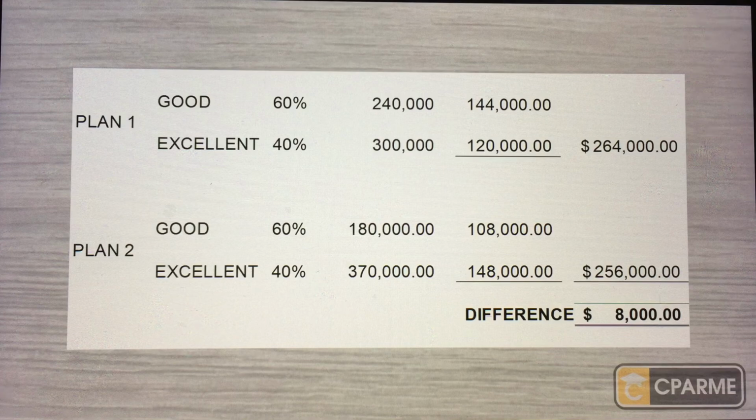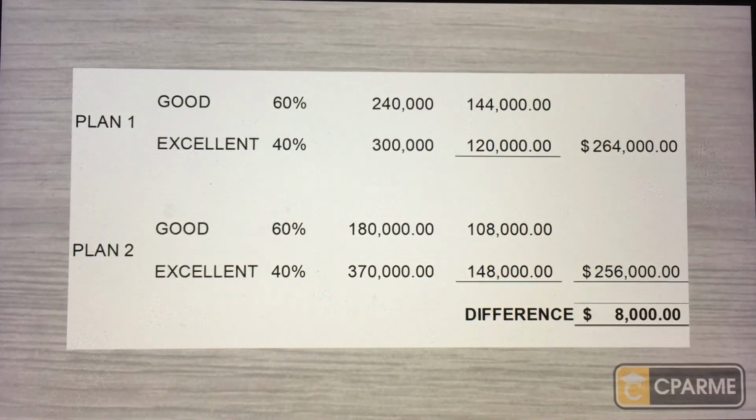And then multiply natin yung probability sa contribution margin, 144 and then 120. So add natin, 264,000 yung plan 1. And then plan 2, total is 256,000. So it seems that plan 1 generates more inflows than plan 2, which is only 256,000 against plan 1, 264,000.